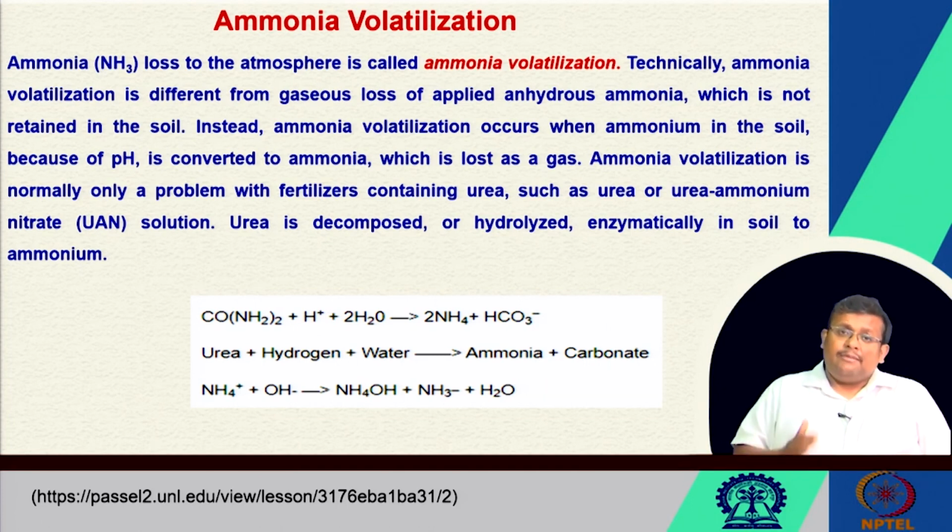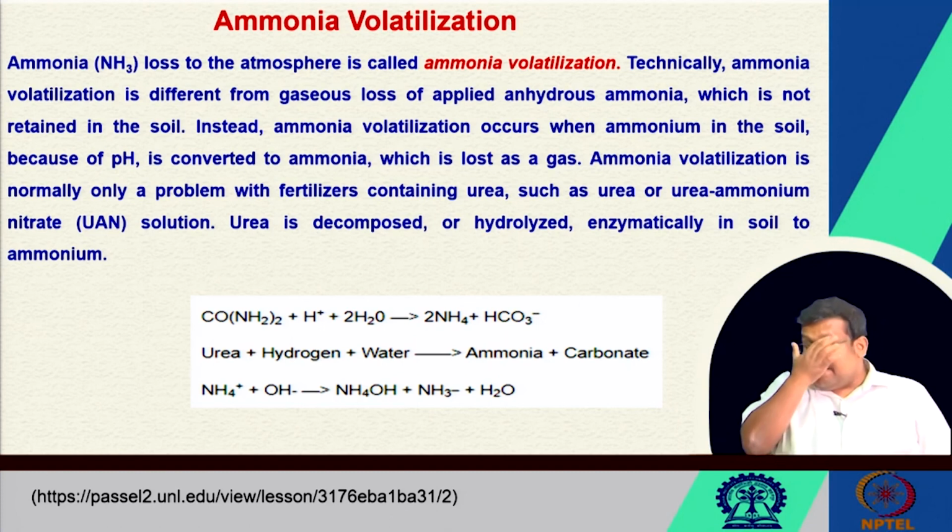Instead, ammonia volatilization occurs when ammonium in the soil is converted to ammonia, because pH is the major controlling factor, and is lost as gas. So, due to high pH, when ammonium ion present in the soil converts into ammonia gas, which is lost to the atmosphere, this is called ammonia volatilization.